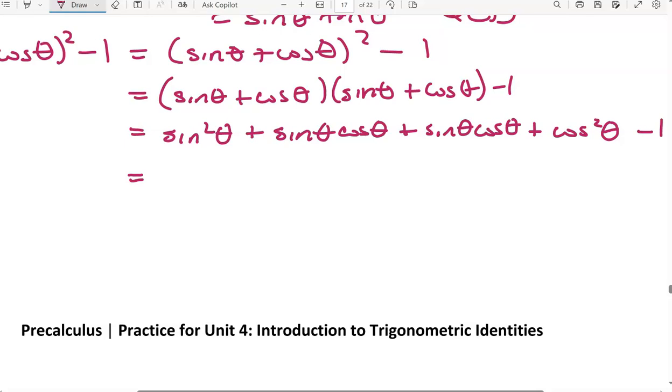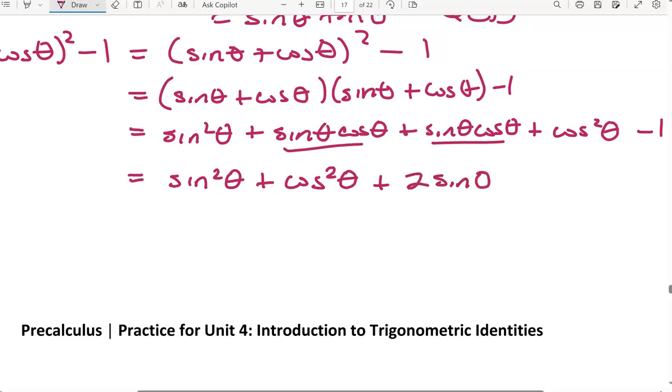So now reordering some things, we have one term that is the sine squared of theta, and a second term that is cosine squared of theta. And then we have 2 of these, so that's 2 times the sine of theta times the cosine of theta, minus 1. Remember that the sine squared of theta plus the cosine squared of theta is equal to 1.